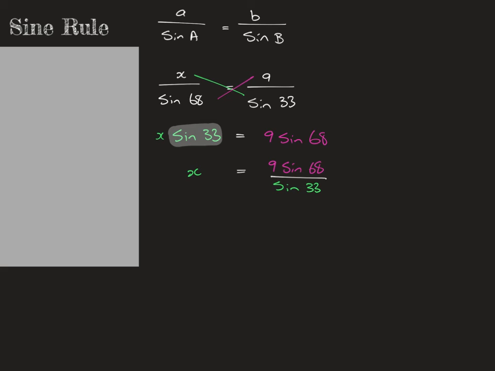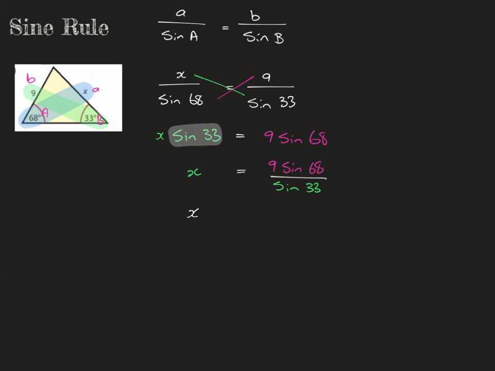So my answer there, x will be equal to 15.32. So just get rid of that and I'll fill in the information here. So x is equal to 15.32144072.